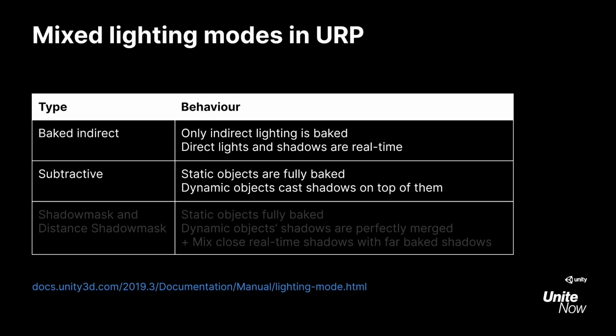You have lights that cast shadows, and everything is real time. And then the bounces of those lights are baked. So the indirect lighting, the lighting that's bouncing, is baked into light maps. And then the direct lights cast the lights and shadows in real time. This is very flexible.